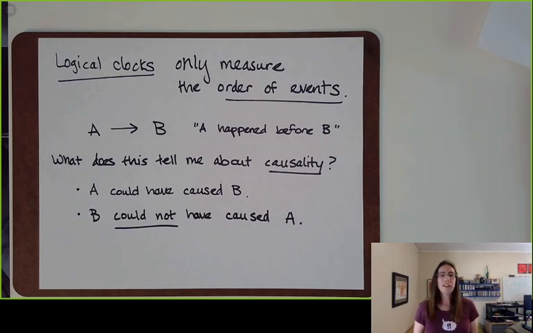So this notion of causality, in this case that A could have caused B, but B could not have caused A, is very important in distributed systems. Why? Why is this so important? How does it help us?